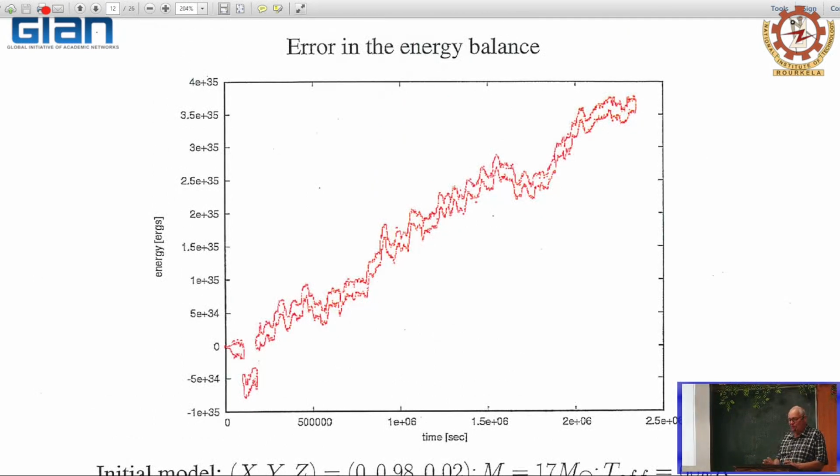So the results I've shown here are meaningful, but in general, for a general numerical scheme, you will not receive such an accuracy for the energy balance.